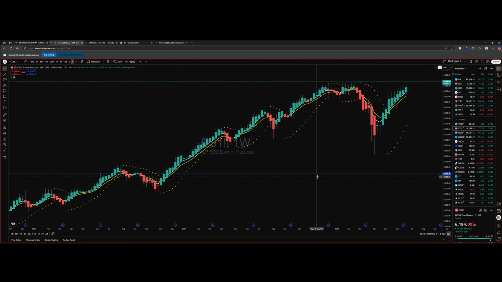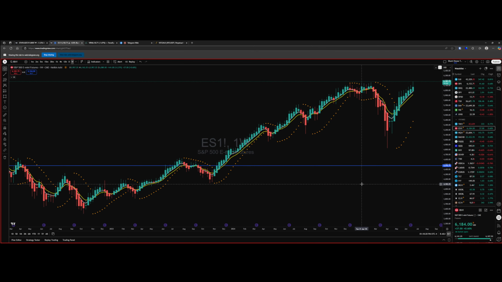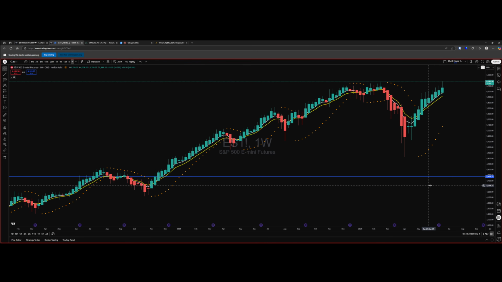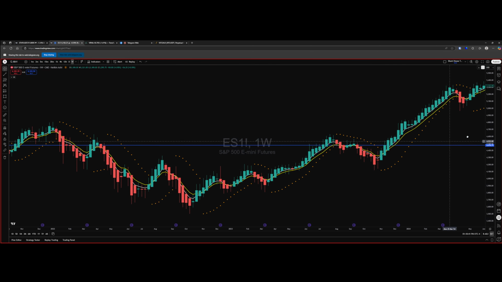This is a weekly of what they call ES, which is the futures contract for the S&P. I think it gives you incredibly clean reads on price, and the T-line and the 5 EMA filter out noise, so this retracement was not the sky is falling.